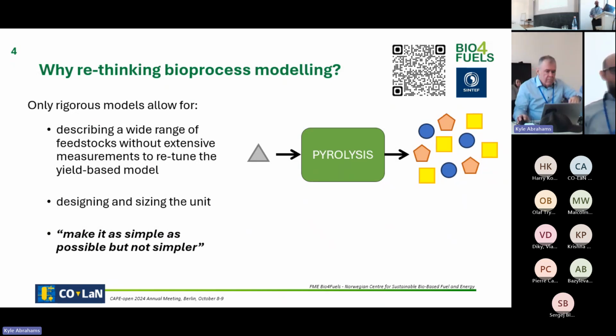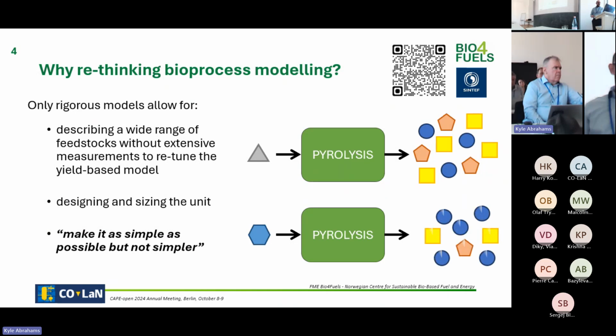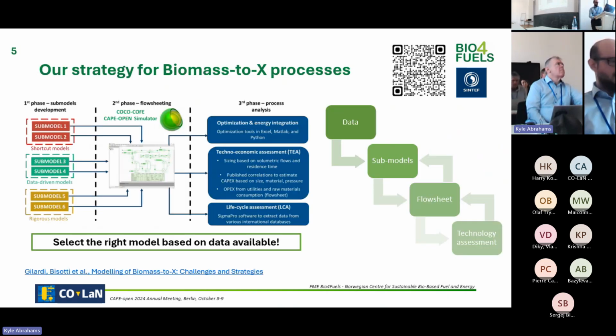Our motto is make it as simple as possible, but not simpler, if we want to quote Albert Einstein. So essentially, I'm changing the operating condition, but I'm still able to understand what the output condition is. For sure it will be different because I'm changing the feedstock, but I'm able to understand what is happening inside my system, and I need rigorous modeling.